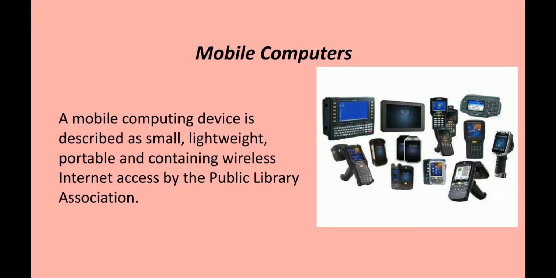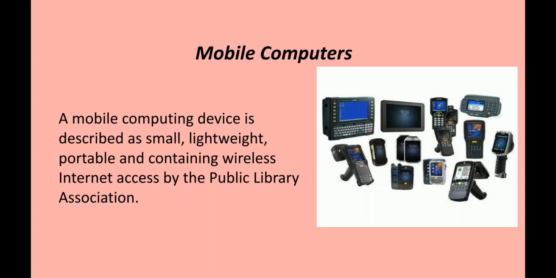The first one is mobile computers. A mobile computing device is described as small, lightweight, portable and containing wireless internet access by the Public Library Association. So what is mobile computing?